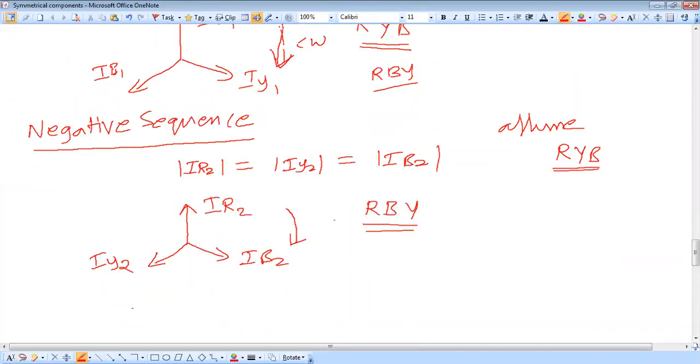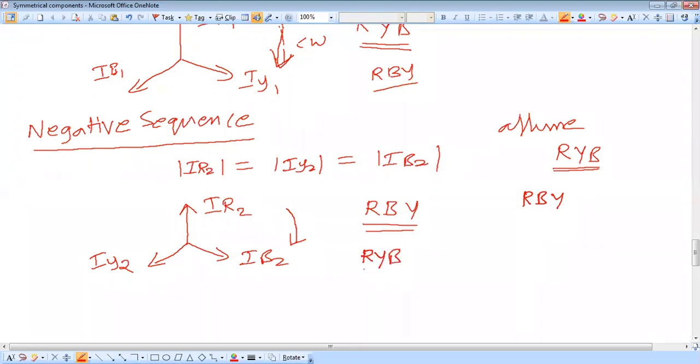The negative sequence components mean all the phases are equal in magnitude, each phase is displaced by 120 degrees, and they follow the phase sequence opposite to the original phase sequence. Suppose my original phase sequence is RYB, the negative sequence component phase sequence is RBY. If my original phase sequence is RBY, the negative sequence component phase sequence is RYB.